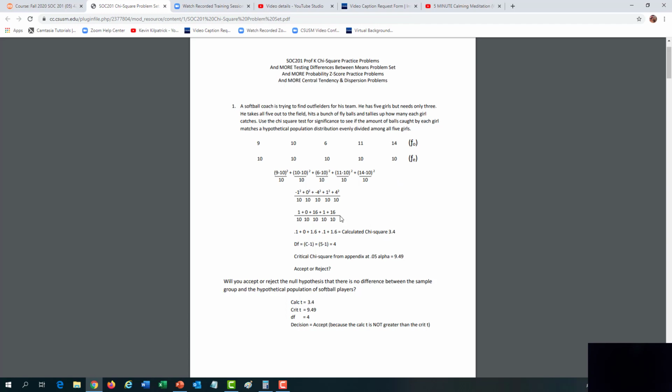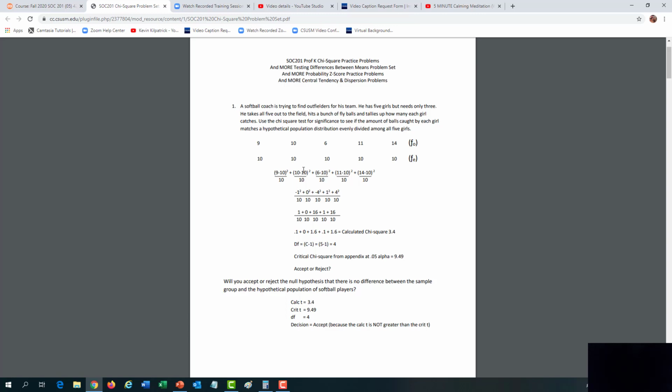Okay? Now, I know I put one giant line here and here, but I want you to think of these as individual fractions. If I work 9 minus 10, that gives me -1. And I need to square that. And then I'm going to divide it by 10. So that's what this is right here.